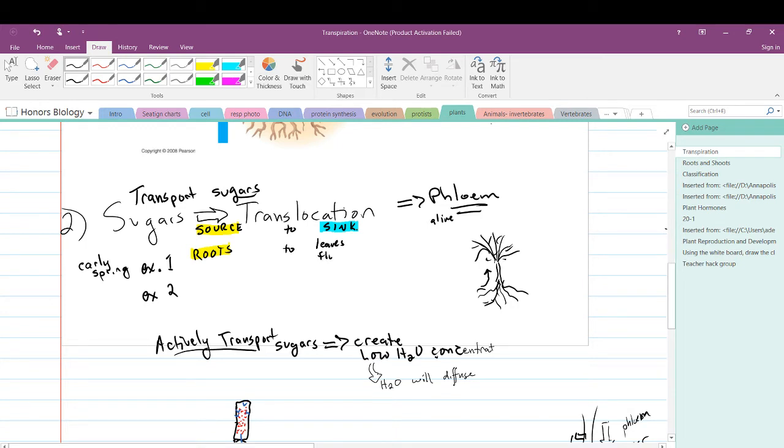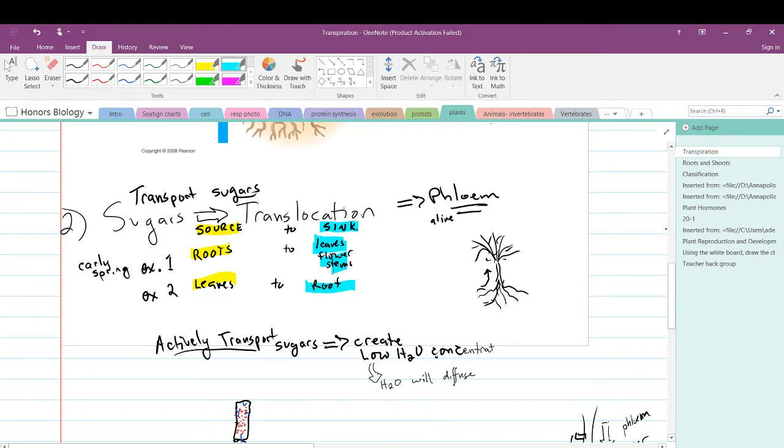This could be to make flowers, to grow stems. But we need the energy that was stored over winter. So all of these are potential sinks for that sugar. Of course, any other time during the year, once those leaves are made, the source would be the leaves. And then the sink is usually down to the root to store that material. So there are our couple of examples of source to sink.